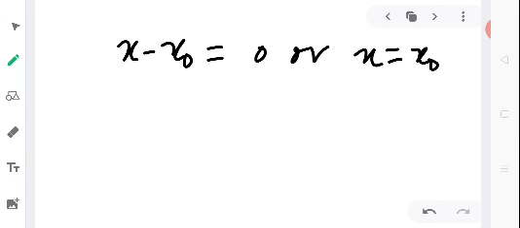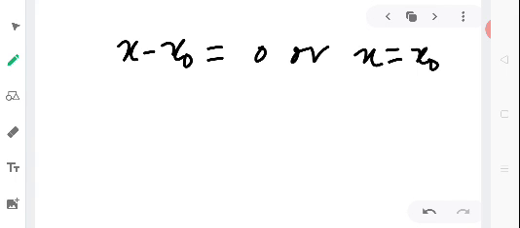Whatever was the distance between these two objects at time t equal to 0, that distance is going to be maintained throughout the journey. Therefore, their position time graphs will be parallel straight lines.